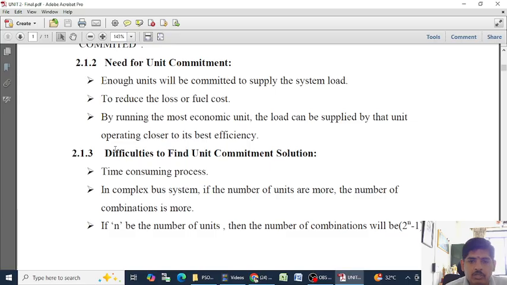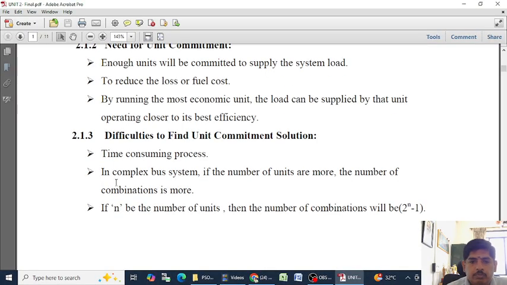What are the difficulties we find during the unit commitment solution? It is a time consuming process, it will take some additional time. And in a complex bus system, normally for a power network, n number of generating units will be connected, n number of transmission lines, n number of transformers, with different transformer ratings.